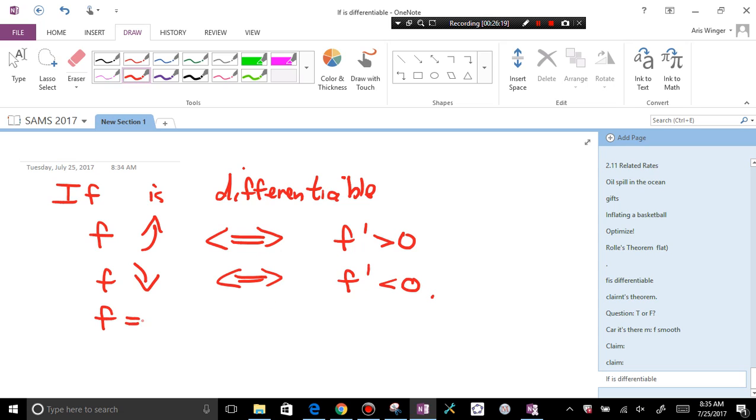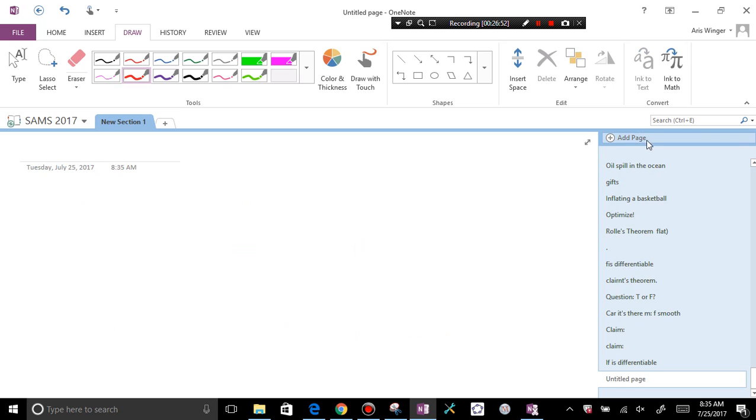And f is constant if and only if f prime is always 0. So now they go both ways. So that now we are good to go in terms of being able to talk about all sorts of things now. Okay, so this is the time where we can now talk about the first derivative test.